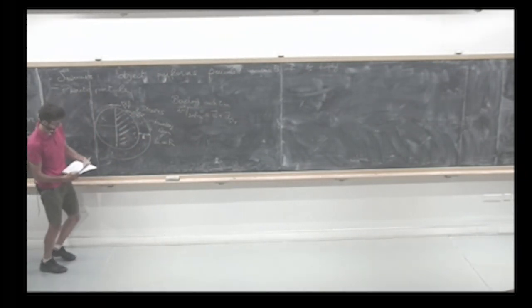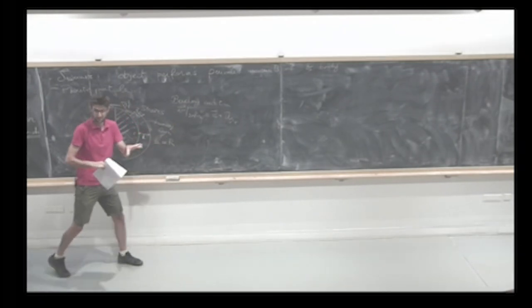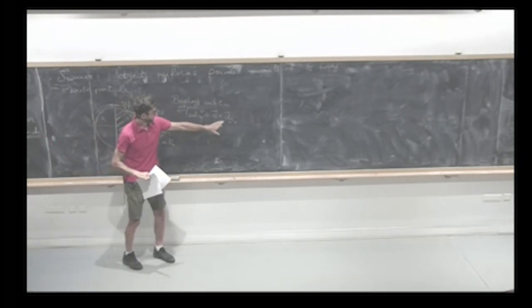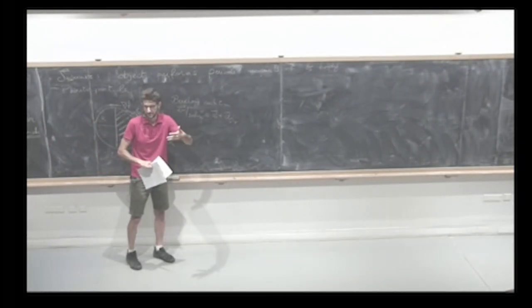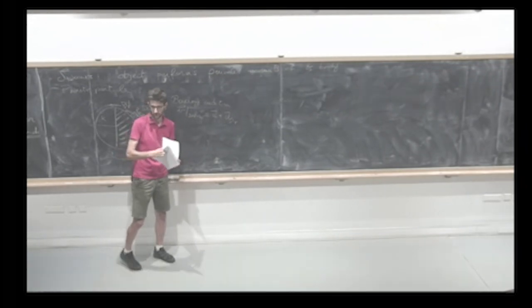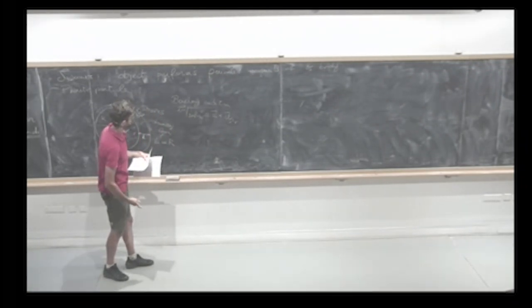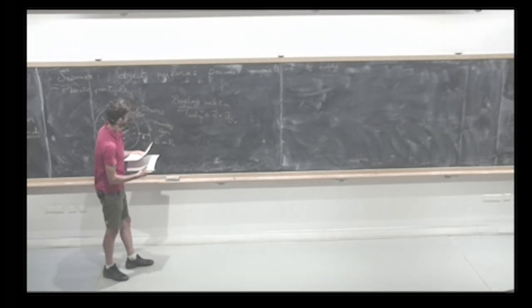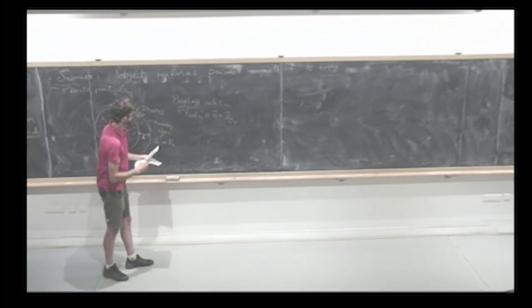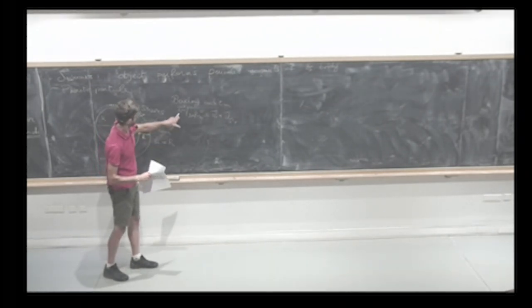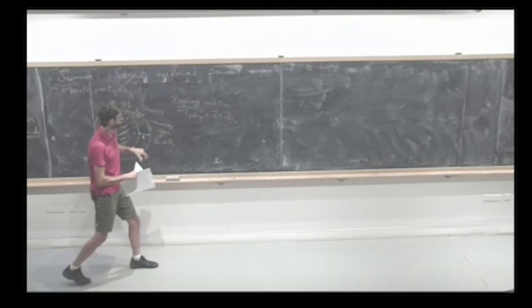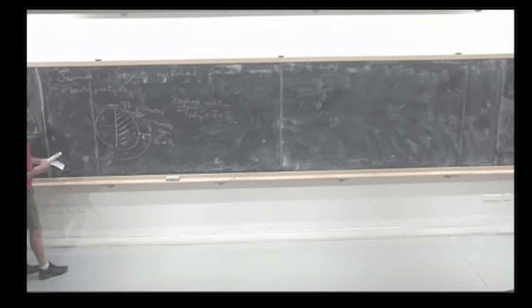So formally the problem is the very same. There is a slip velocity. Now it's not time dependent, it's just a constant slip velocity, and you need to have this condition.